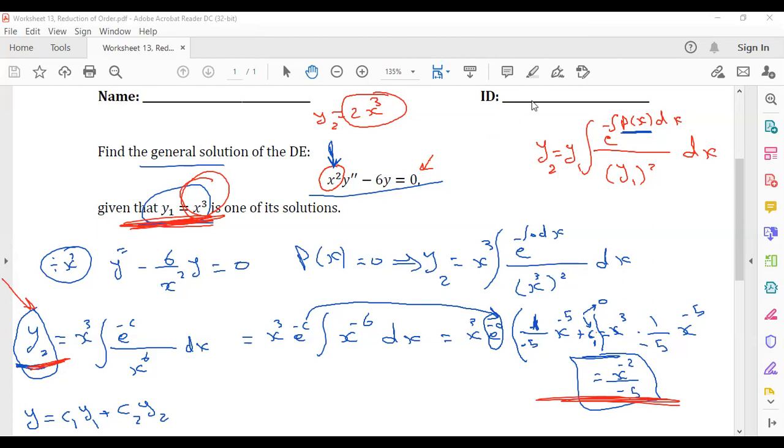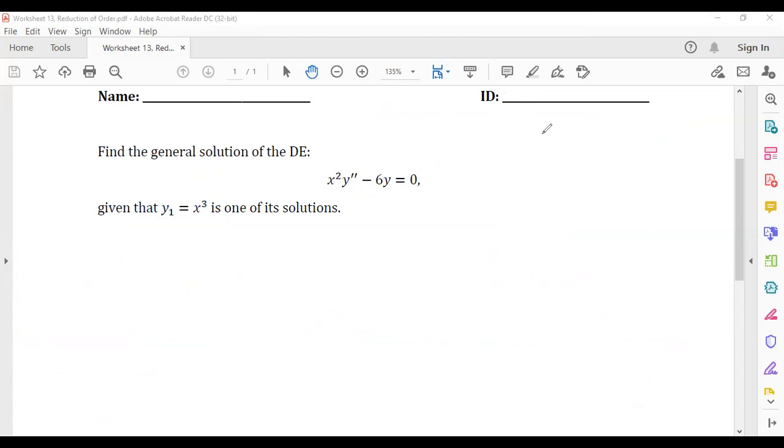Good question. Lubna said, Professor, you said that the reduction of order method I can use for two different cases. First case, I'm going to use the rule of y2 equals y1 integral and so on. And the second, the general solution, it is y equals u times y1. So in both cases, I have to give you y1.